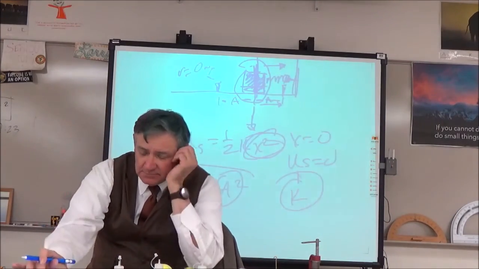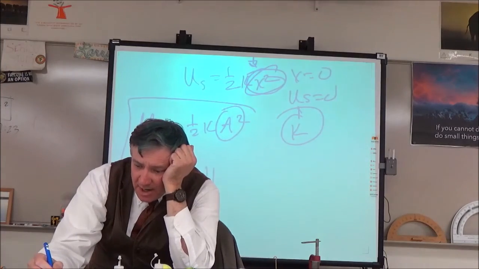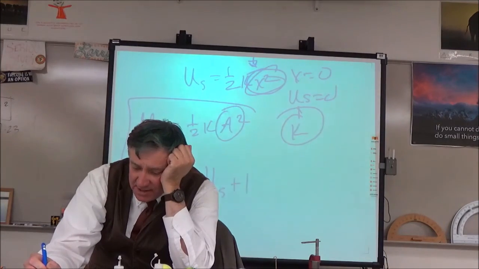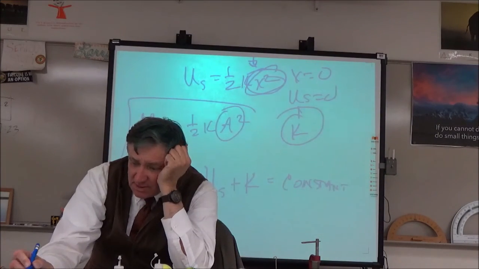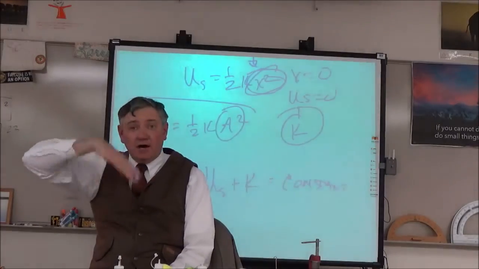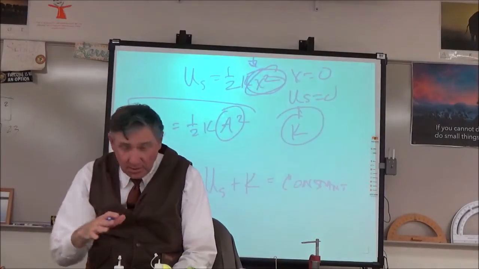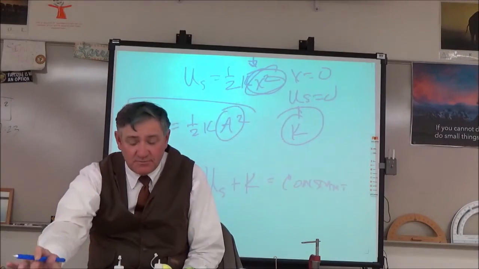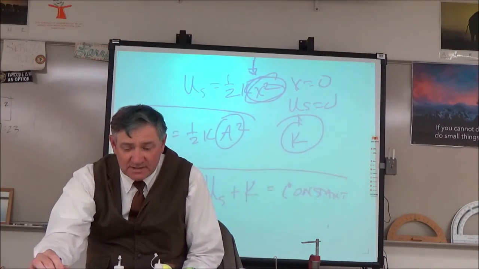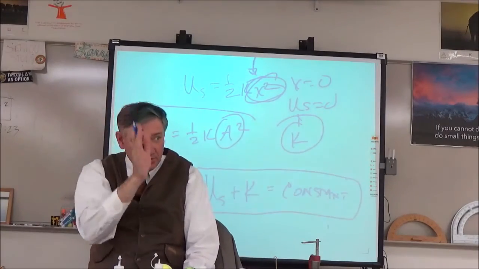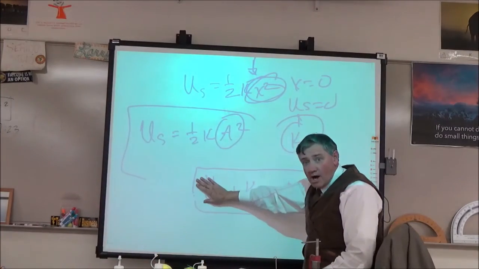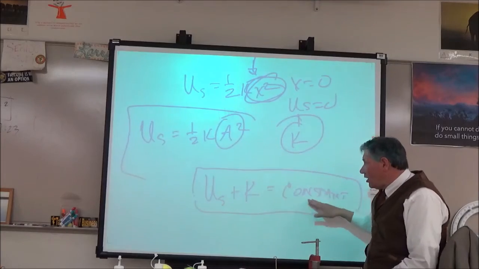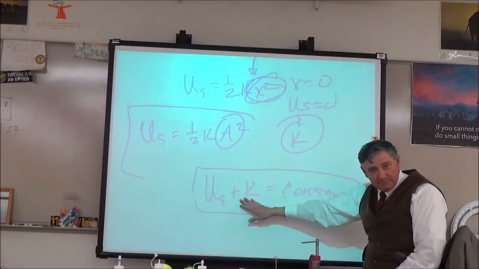Your Us plus your kinetic energy together are always going to add up to some constant. We don't have to worry about gravitational energy because we're not oscillating vertically. So when we're at the middle, at the equilibrium point, we have no Us and all the energy is kinetic.